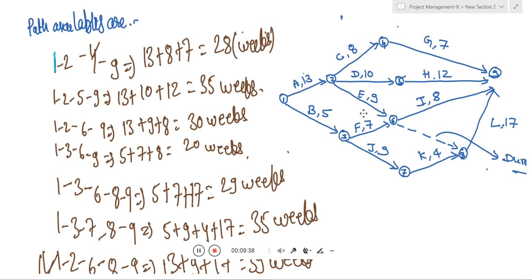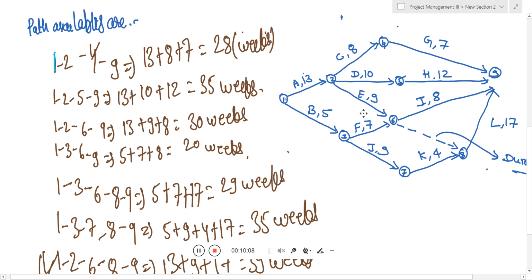So here we calculated all the path lengths. For each path we calculated how much length is needed. If you see, 1, 2, 4, 9 is one path. One more path available is 1, 2, 5, 9.